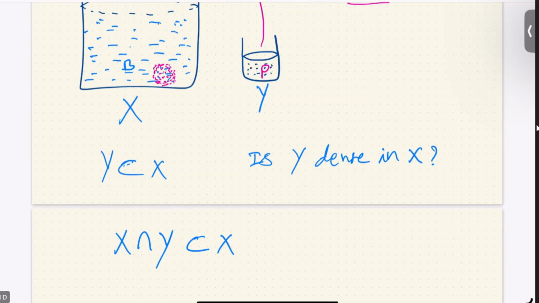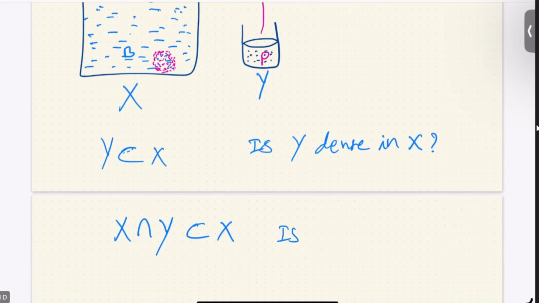Now the question is, is X intersection Y dense in X?